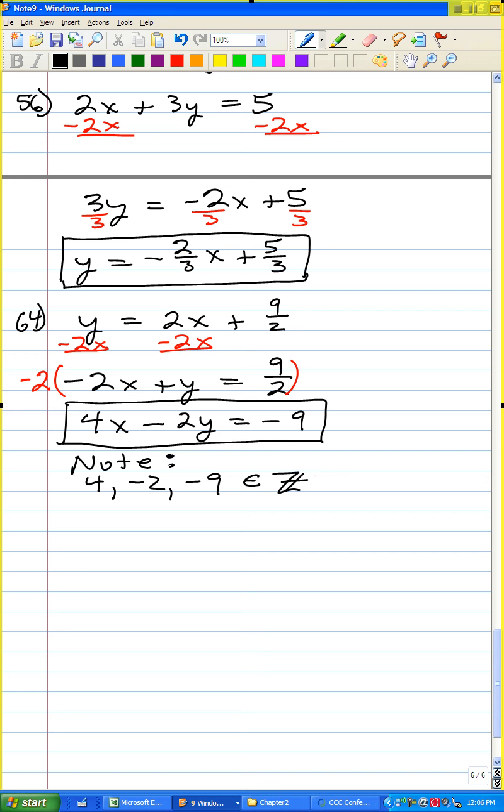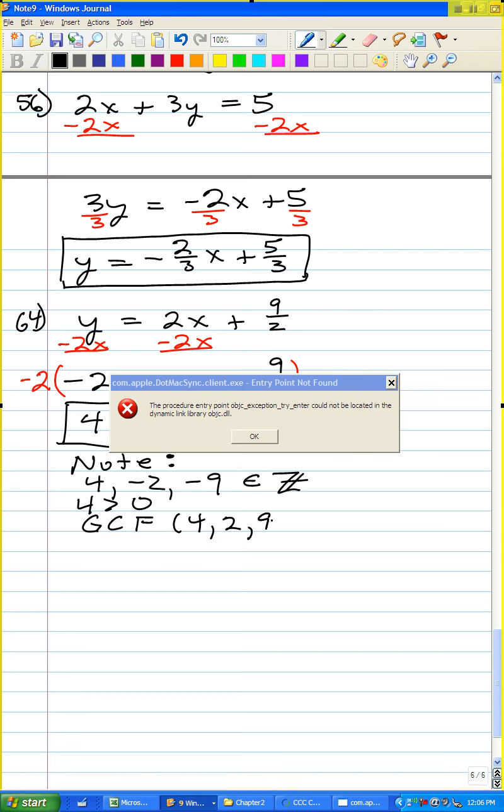Next, note that 4 is greater than 0. And lastly, note that the greatest common factor of 4, 2, and 9 is 1.